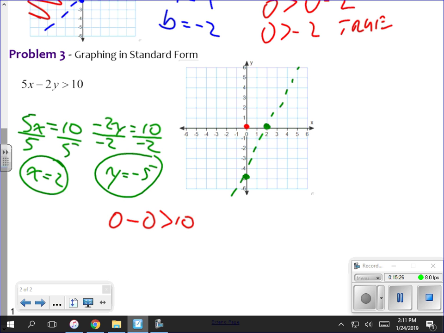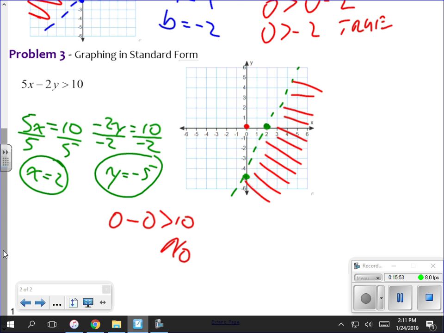Is 0 minus 0 greater than 10? No. This is no. Because it's no, the point I picked is not in my shaded area. This came up false. That's no bueno. I shade the other side.